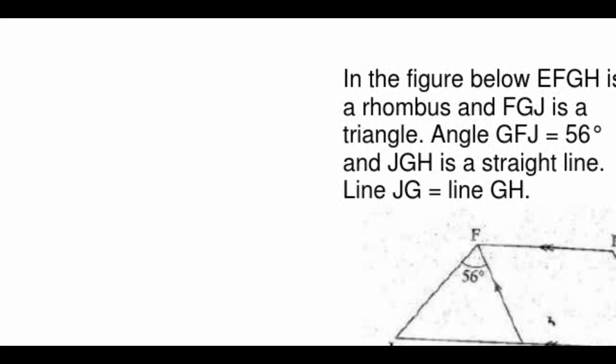We are told line JG is equal to line GH, so this angle and this angle are equal. Here is 56, here is 56, and here is X.